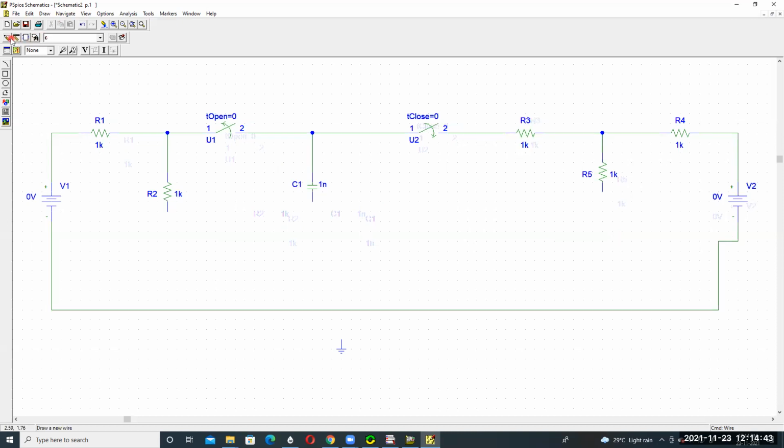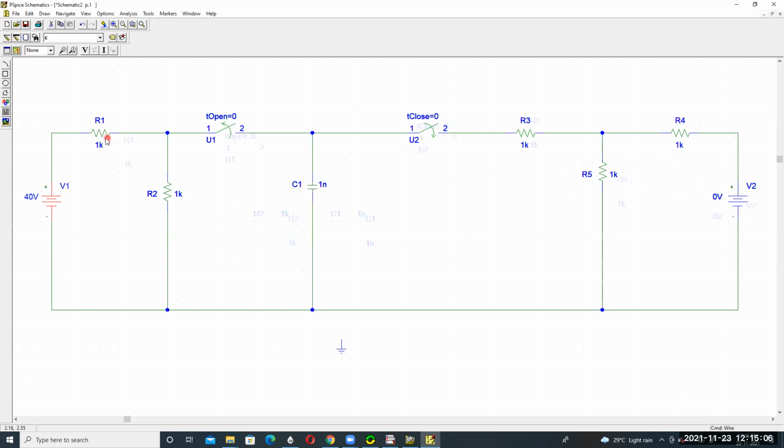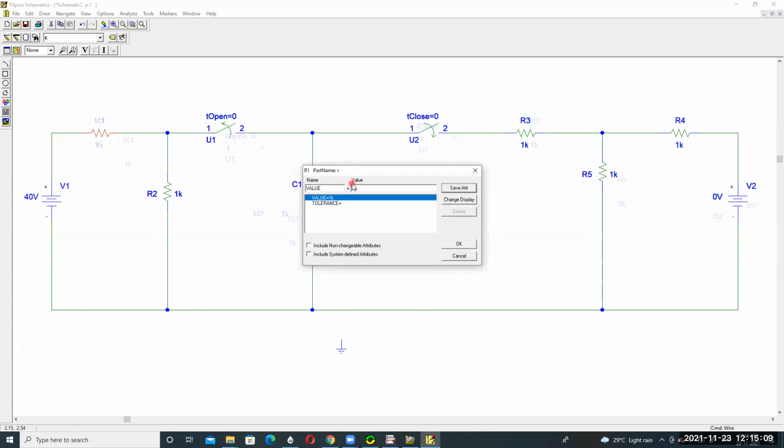And here also. So adjust the values. This is 40 volts. This is 20 kilo ohms, 20K.